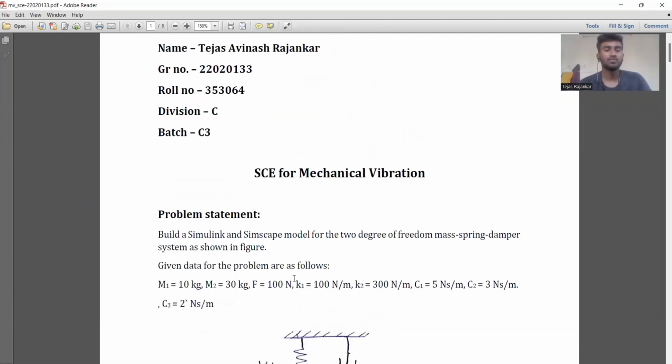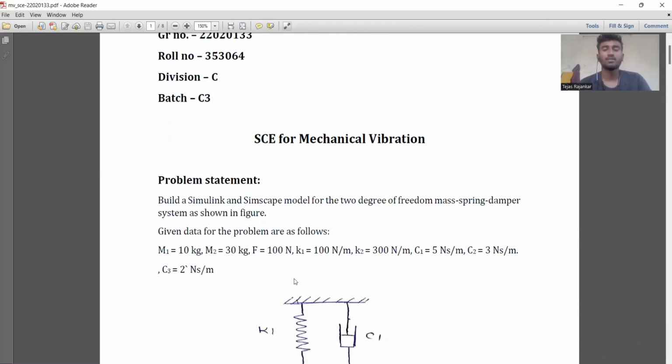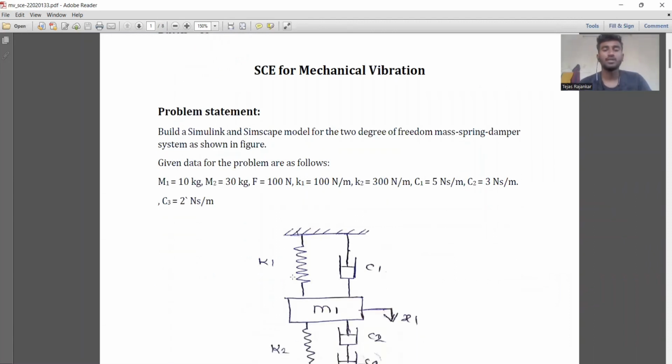My problem statement is to build a Simulink and Simscape model for a 2 degree of freedom mass spring damper. The given data is M1 equals 10 kg, M2 equals 30 kg, F equals 10 Newton, K1 equals 100 Newton per meter, K2 equals 300 Newton per meter, C1 equals 5 Newton second per meter, C2 equals 3 Newton second per meter, and C3 equals 2 Newton second per meter.